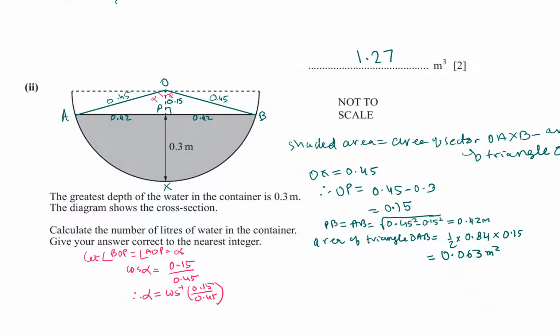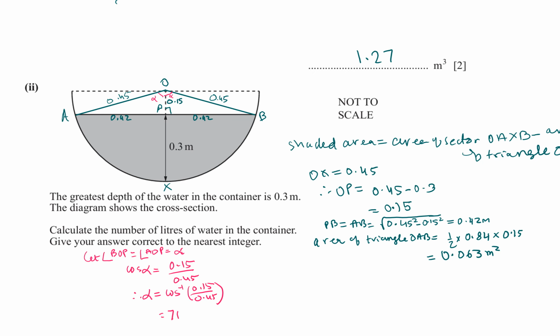Now to work that out, cos inverse of 0.15 divided by 0.45, and that is equal to 70.5.